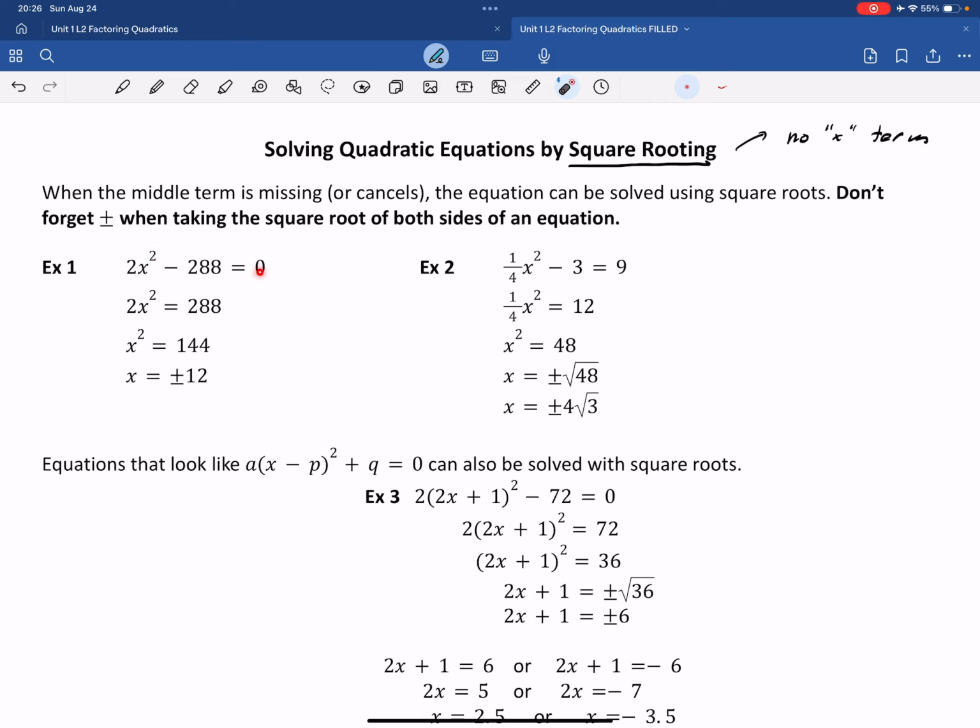So we're going to move the 288 over. Then we're going to divide both sides by 2. And then we're going to take the square root of both sides, which gives this. Remember, if we have x squared equals a, that really means that x can be plus or minus the square root of a. And the reason is because if we take negative square root of a and we square it, it becomes positive.